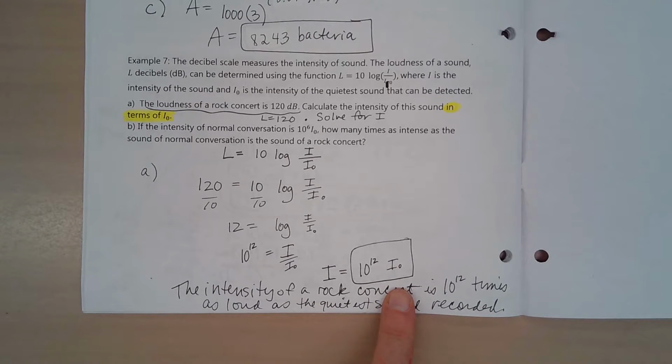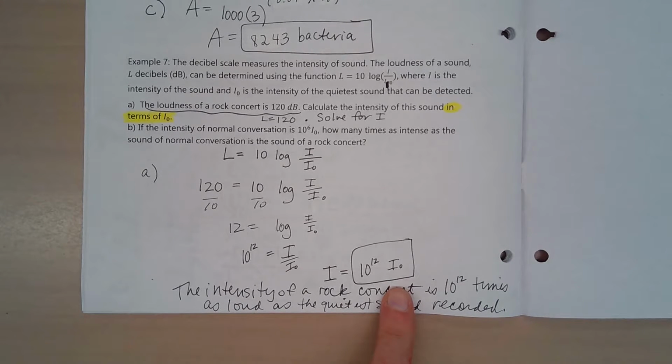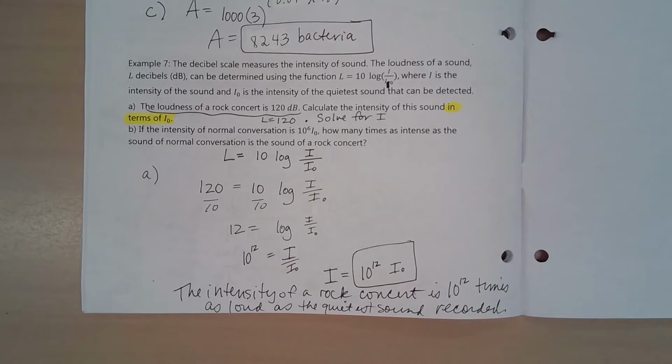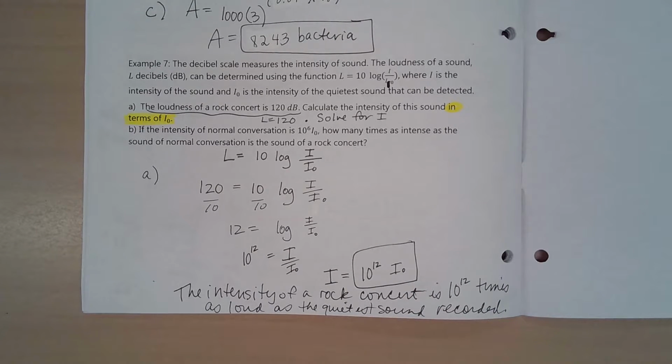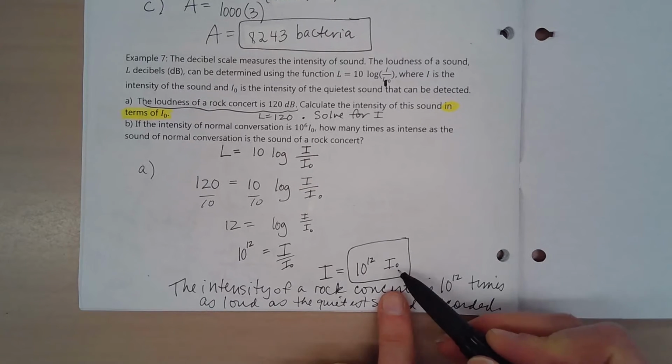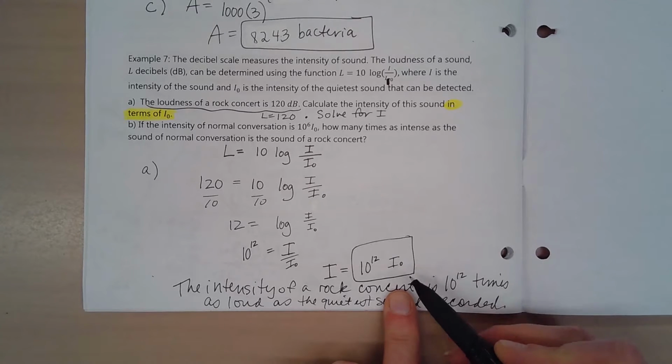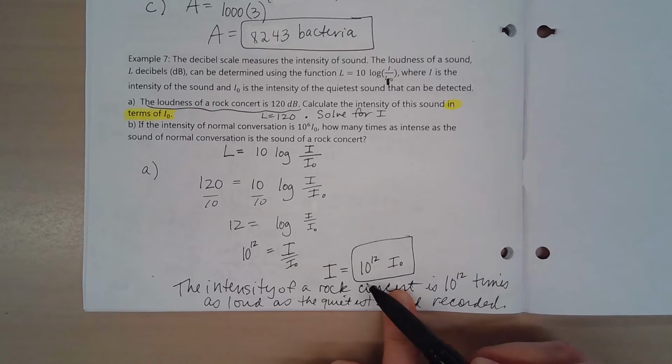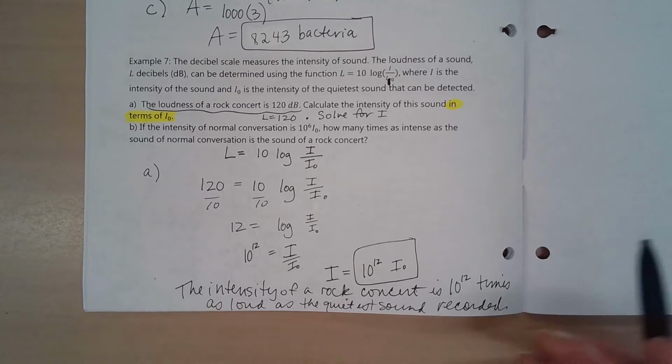Should we need to divide by 10? No, no, no. This is what the answer would look like. Just leave the answer like that. Think of this almost as like times 1. So 10 to the power 12 times 1, just 10 to the power 12.